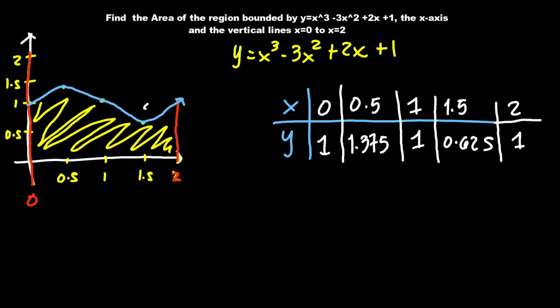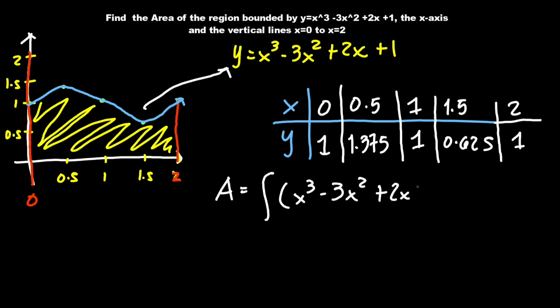So this curve here would be equal to this one. And so the area right here would be equal to the integral of the curve, which is x cubed minus 3x squared plus 2x plus 1 of dx. Our limits here, if given, you can simply identify them, which are 2 and 0. But if you also graph it, you can see it.